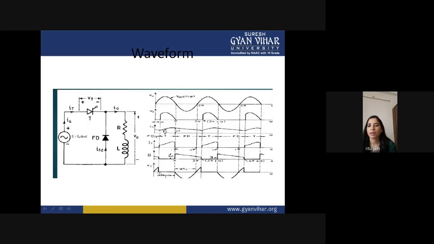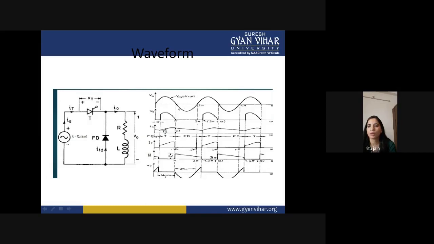Okay, but at alpha you triggered the SCR, and from alpha to pi, the thyristor voltage is equal to 0. So this is all about your positive half cycle.